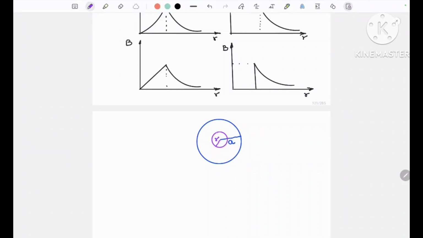Current bounded by this area is suppose I1. So I1 will be equal to area of this section upon area of whole section into total current, R square by A square I.